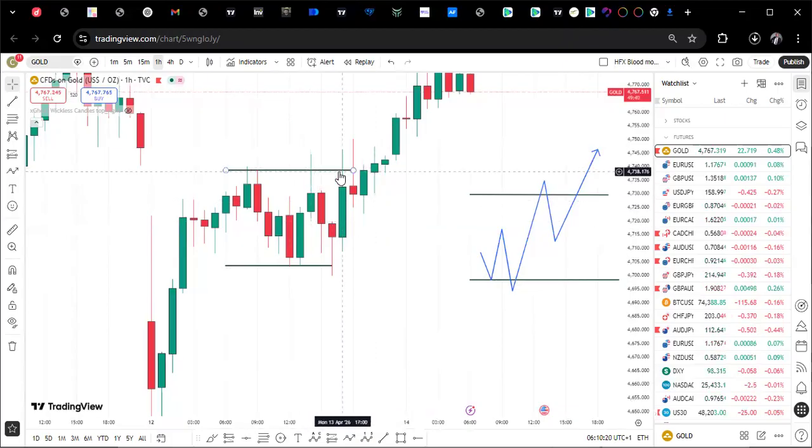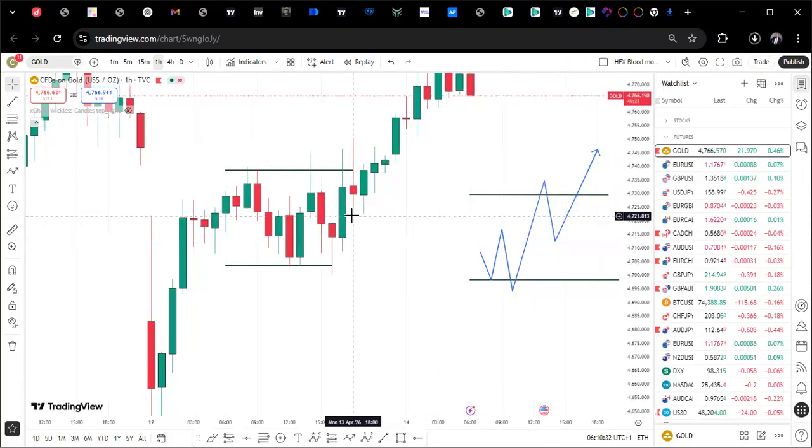So it does this, clears, then pulls back into an area of interest, of course an imbalance, then boom. If you can understand this, then you know how to navigate the market, right?